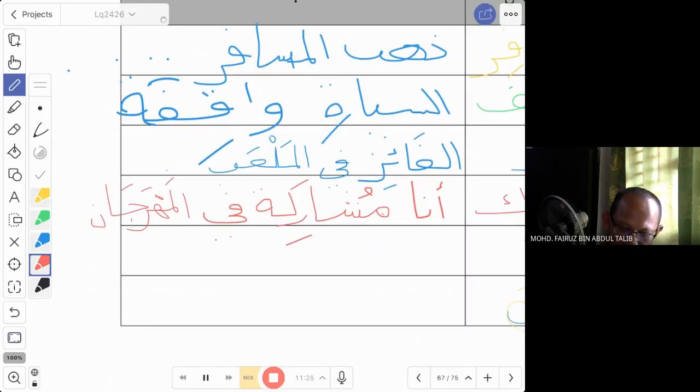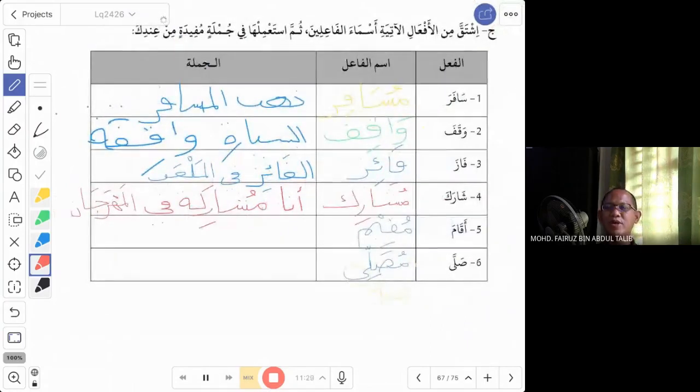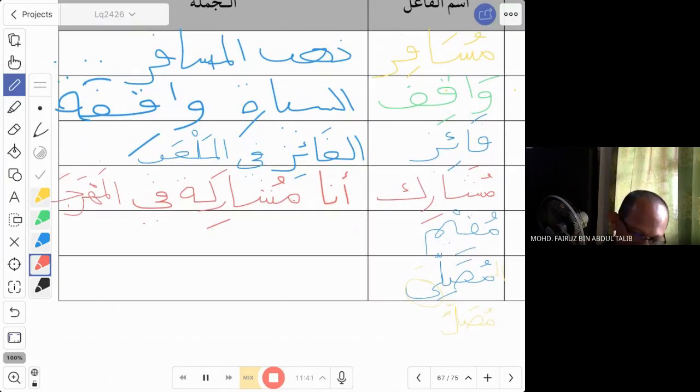Nah, sahih. Rakam khamsa. Aqama yuqimu muqim. Muqimun. Ana muqim. You can say, if you want to use it as a fi'il, you can say, I am staying in this place. Or Muhammad is staying in that place, for example.